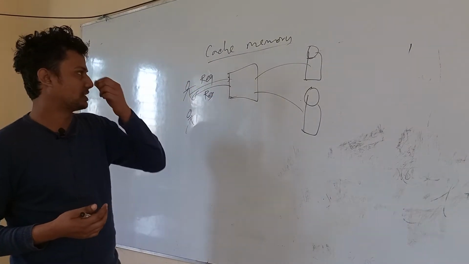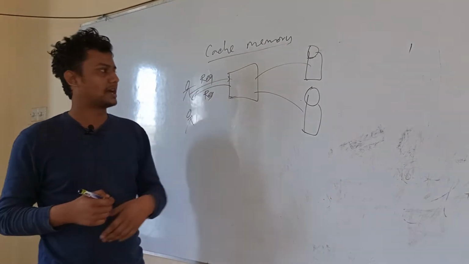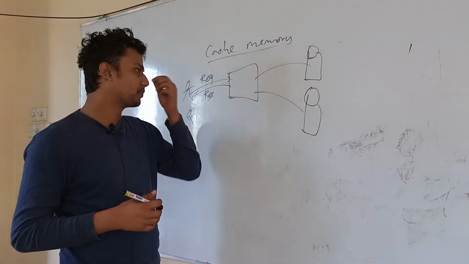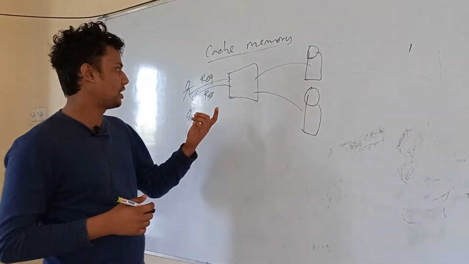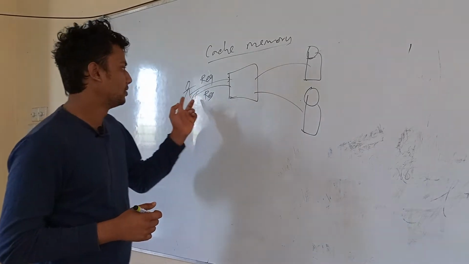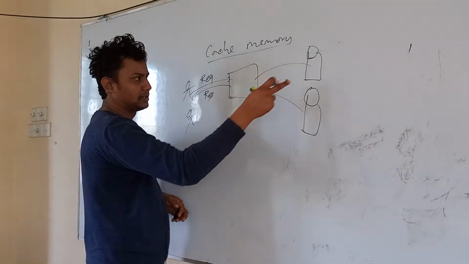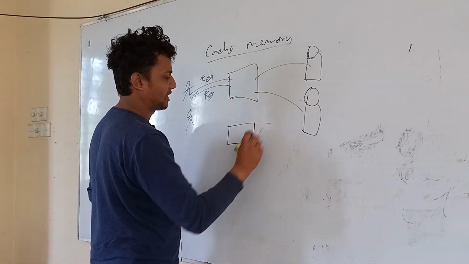So what is the role of a memory? Suppose a user asks for data most frequently, that means the read functionality is much more than the write. So in this case, without asking the database, we can have some cache memory here.